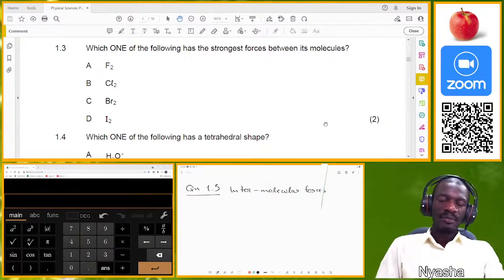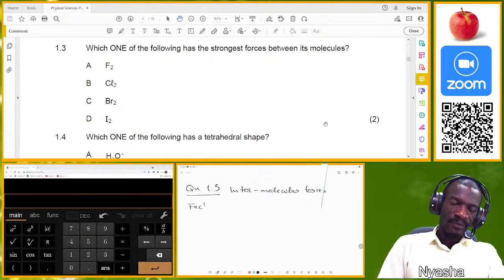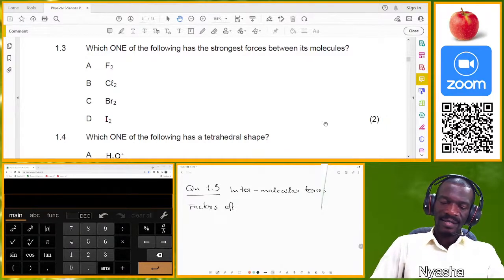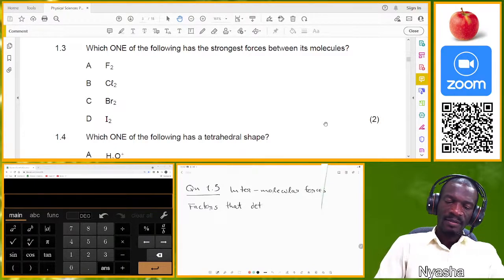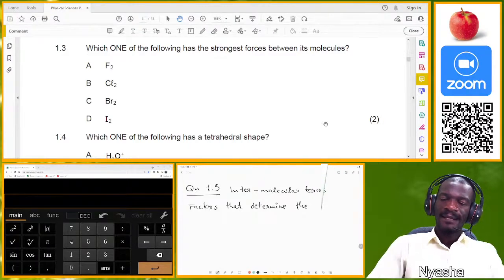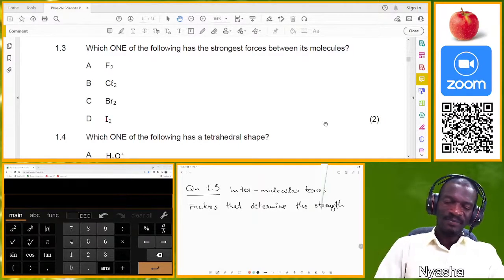So how do you determine the factors? What are the factors that determine the strength, or the magnitude, of intermolecular forces? The strength of intermolecular forces.